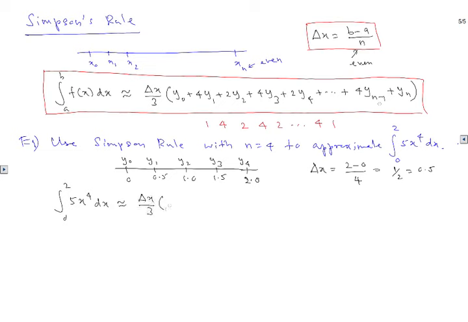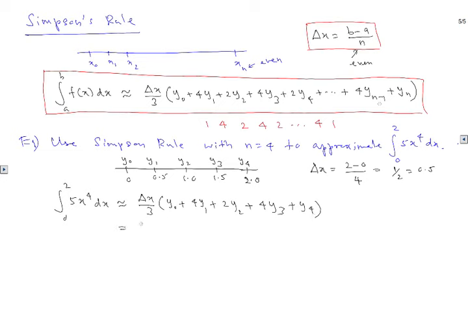So let's try the formula. So it is y0, 4y1, and then 2y2, 4y3, and then y4. So that's what you get. So let's plug in.